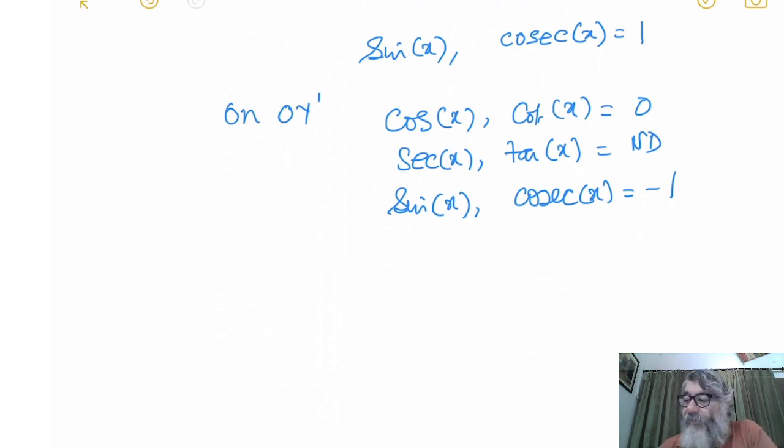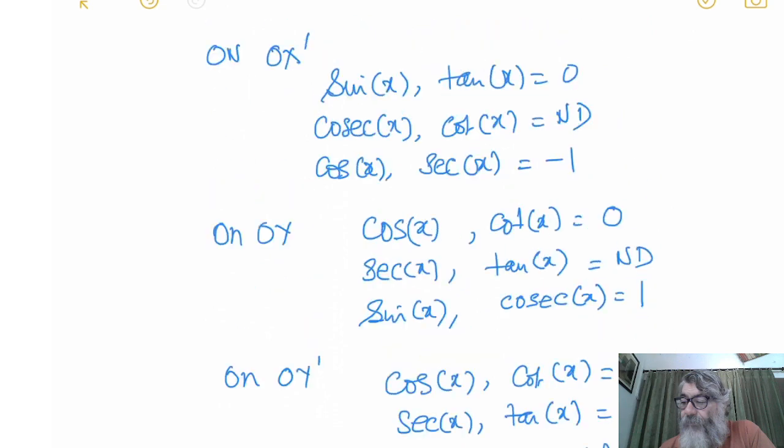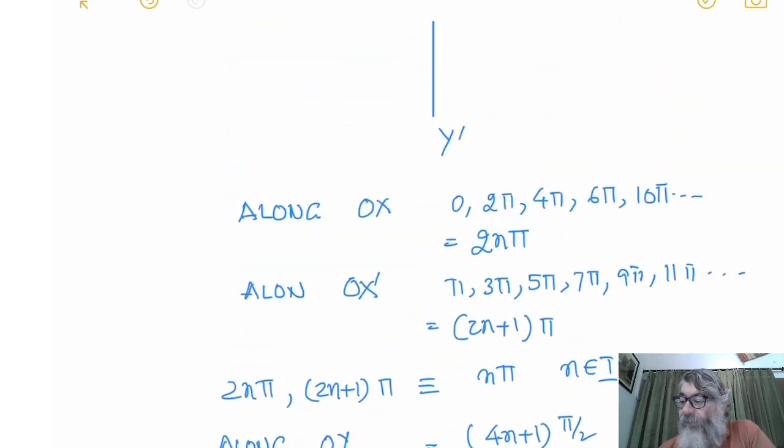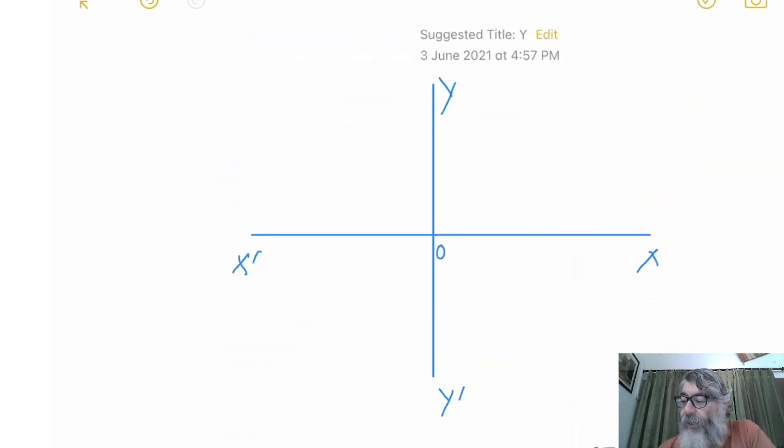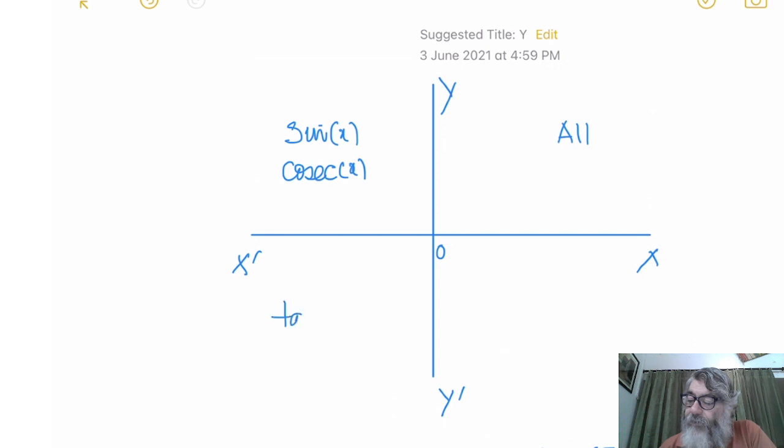Now the question was, we had already discussed it: add all sugar, meaning sin x and cosec x, and here it was tan x, add sugar to coffee, tan x and cot x, and here cos x and sec x.